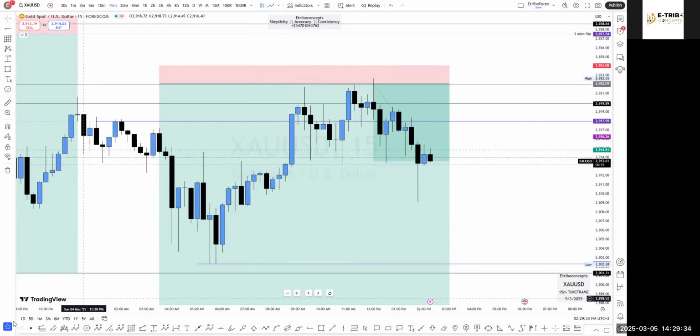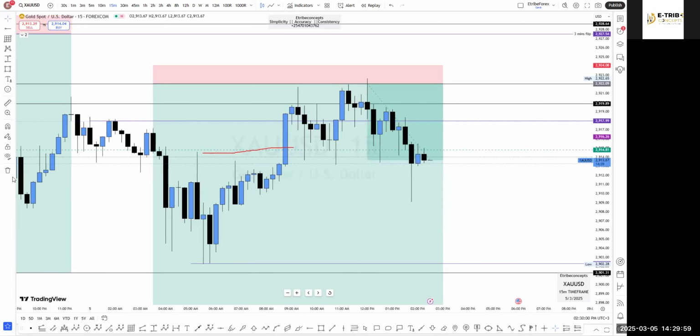We have this area. This is a shift point. I think this shift point has collected easy liquidity based on this week. So I could have an entry based on this week.